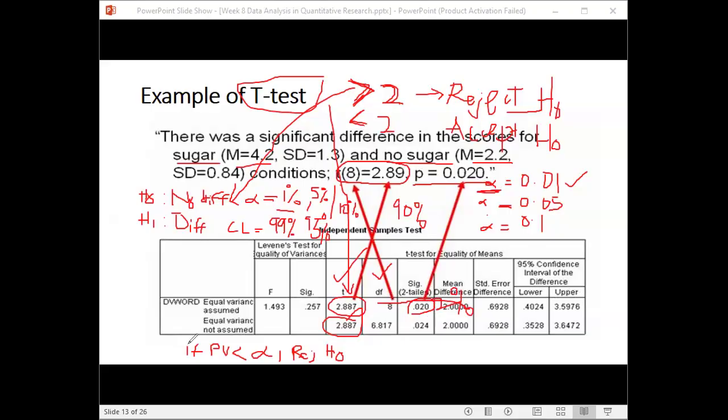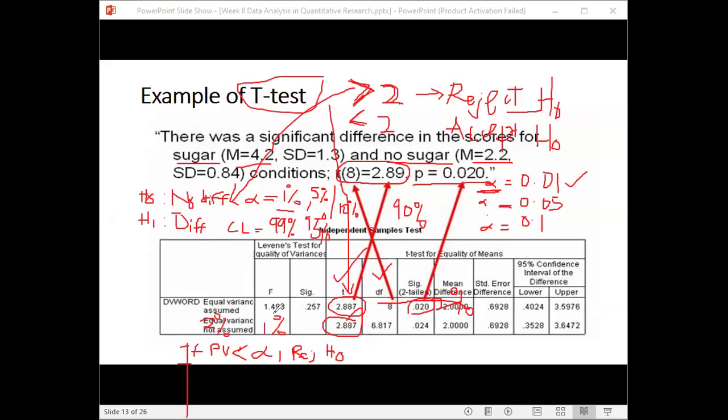Based on the condition I've written here, if the p-value is less than alpha, we reject the null hypothesis. Are you sure? The p-value is 2%, the alpha is 1%. What will it be?